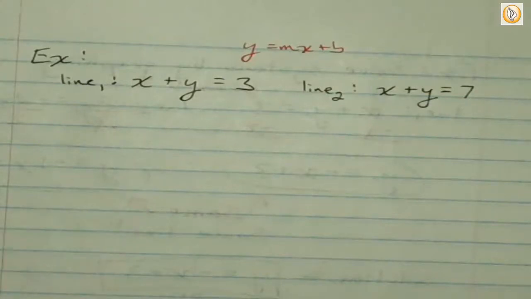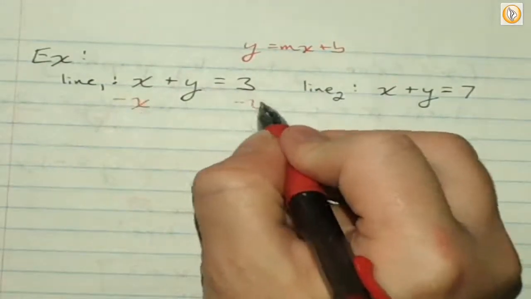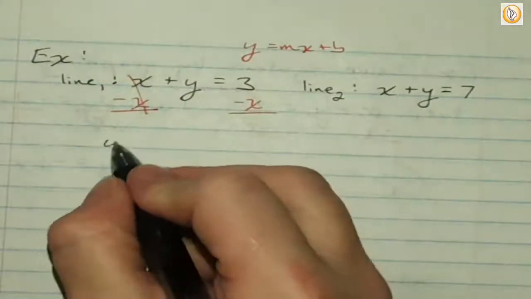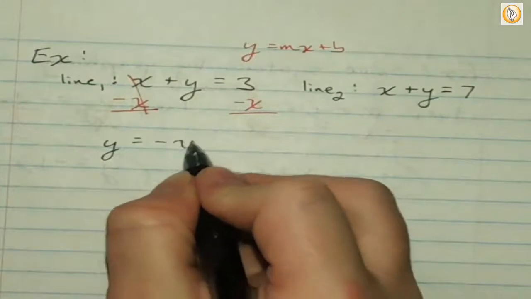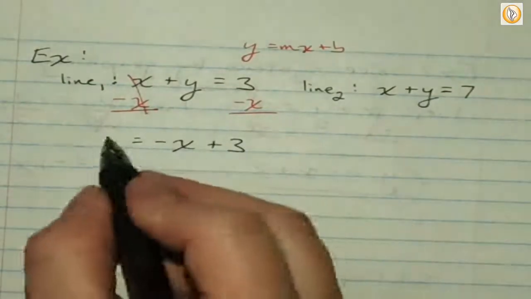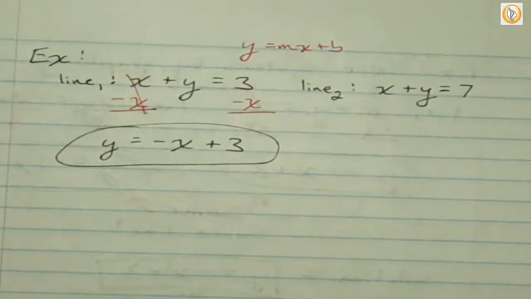You can do line 1. You're going to subtract the x on both sides. And what do you get? Y equals negative x plus 3. All right, so we have line 1. Michael, do line 2.